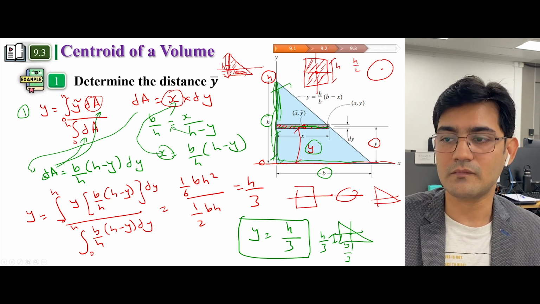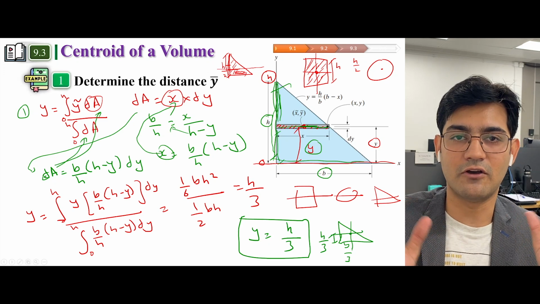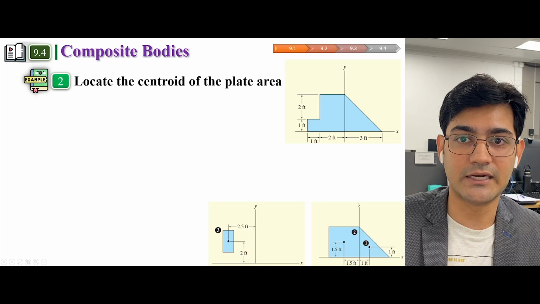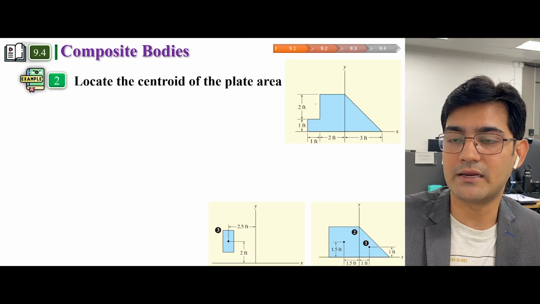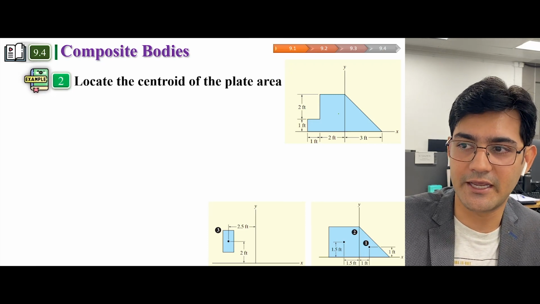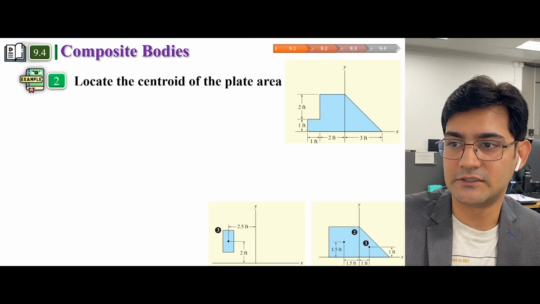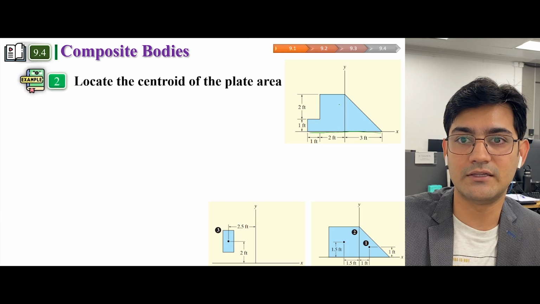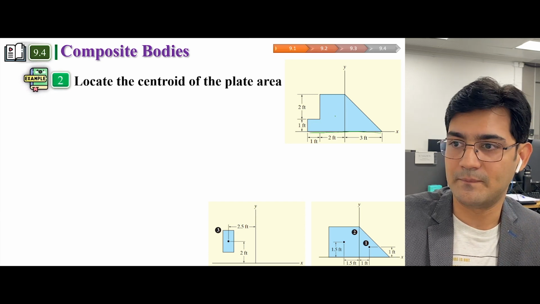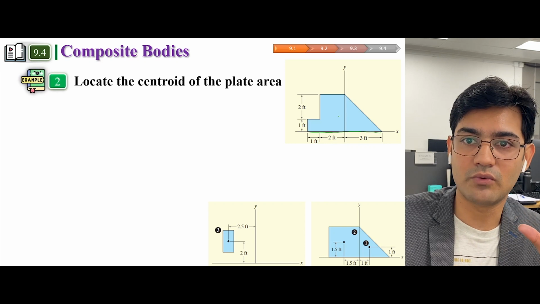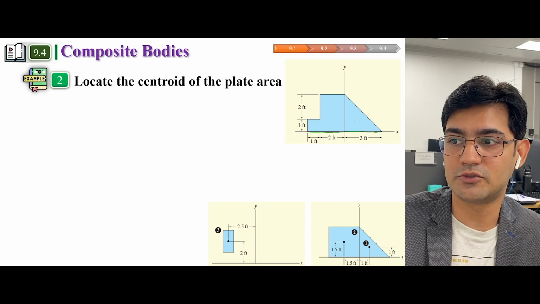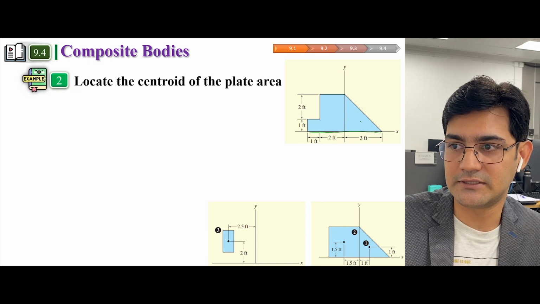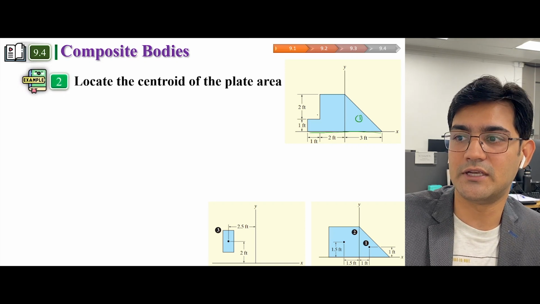Now, usually we already know the centroid of simple shapes, but what we are interested in is to calculate the centroid of a composite body. So how can we calculate the centroid of a composite body in case we have this shape, let's just say. One way is to divide this composite body into simpler shapes. For example, let's just say this body is 1.